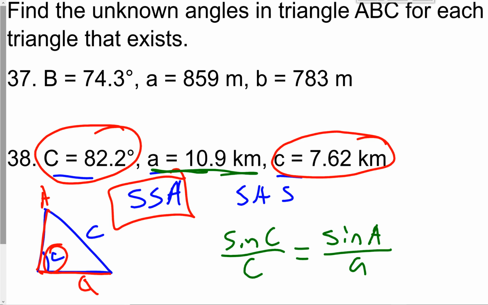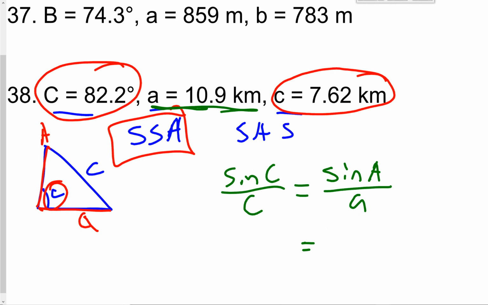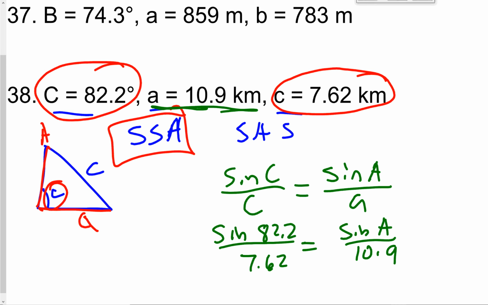All right, so now we can start filling this in. This is what we're trying to find. Sine of 82.2 over side C, which is 7.62. Okay, so when we do this, we'll multiply both sides by 10.9 to get sine of A by itself.